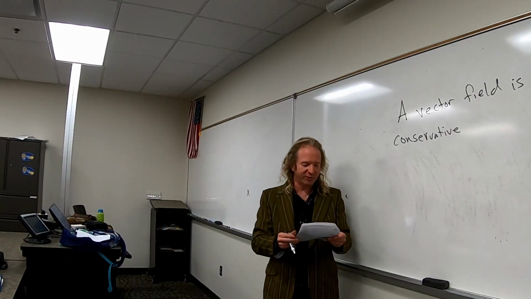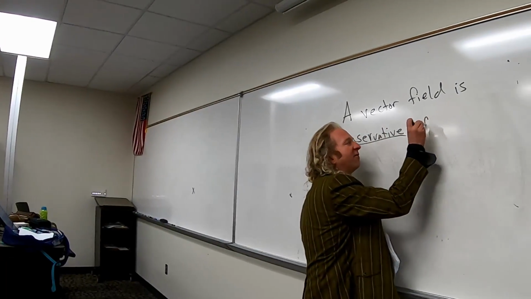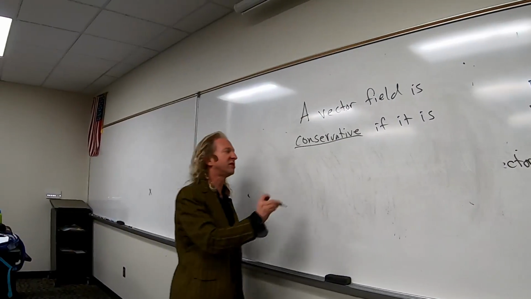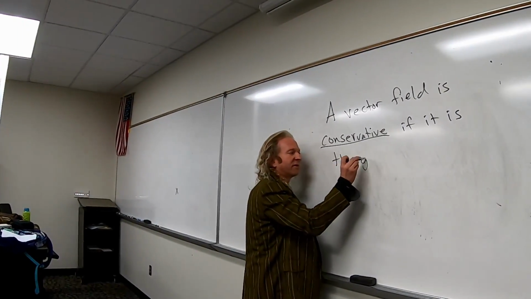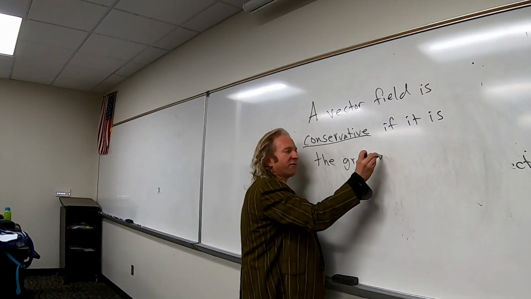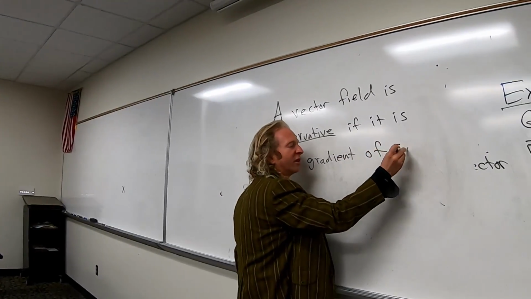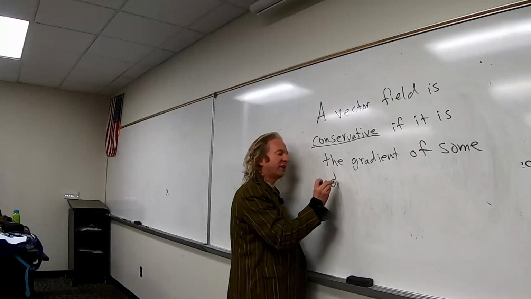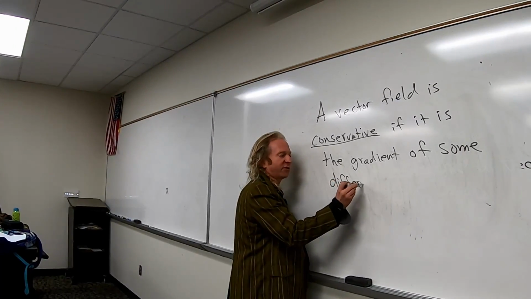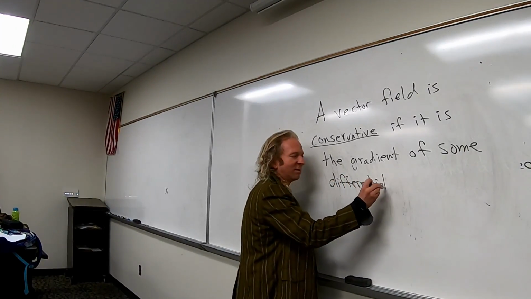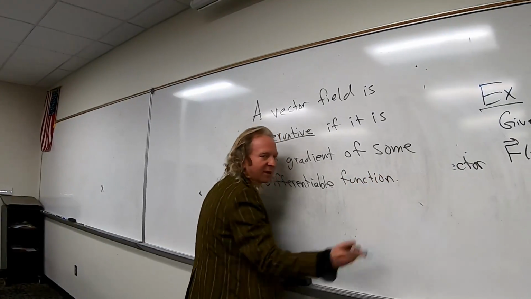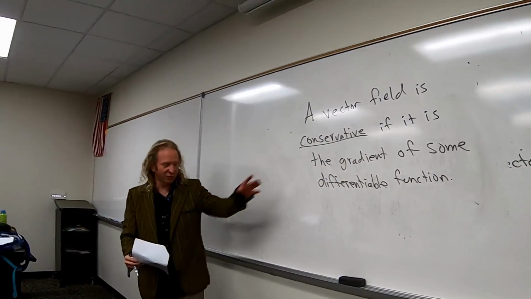A vector field is conservative if it is the gradient of some differentiable function. If you've taken differential equations, this is going to seem really easy, but if you haven't, it's okay. You'll still find it easy, maybe. So you'll see. We'll talk about it.